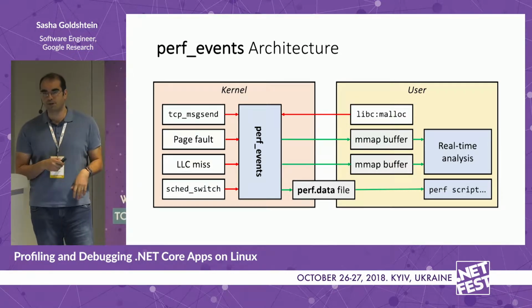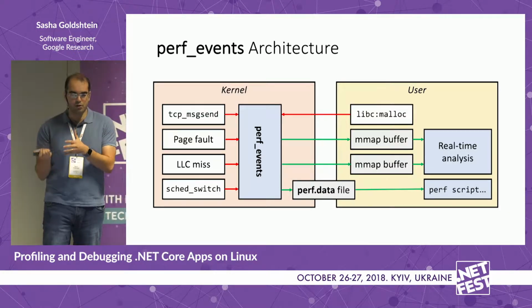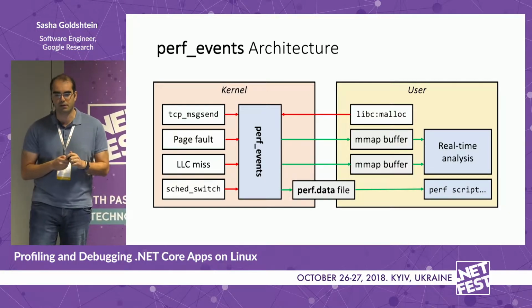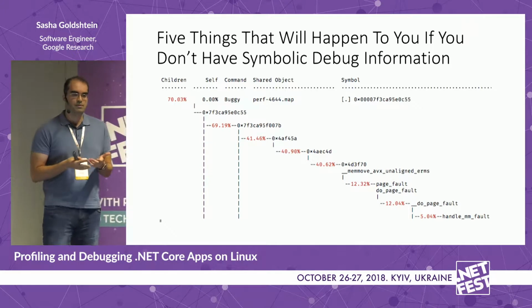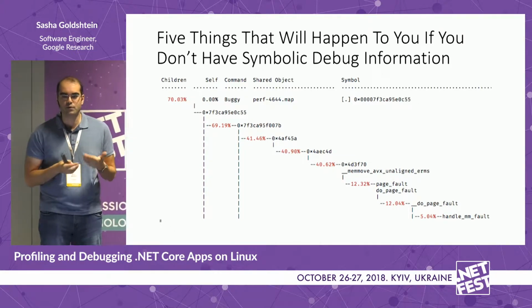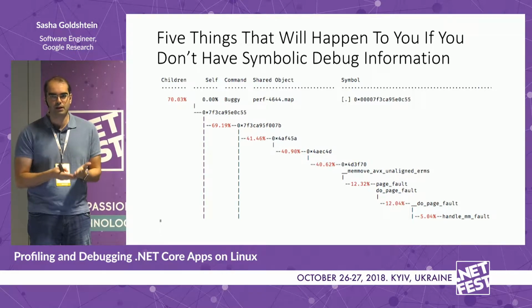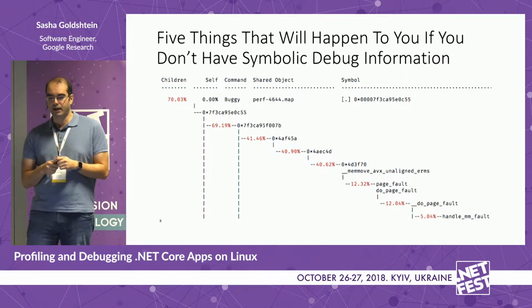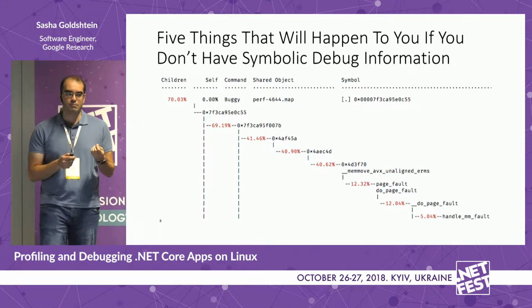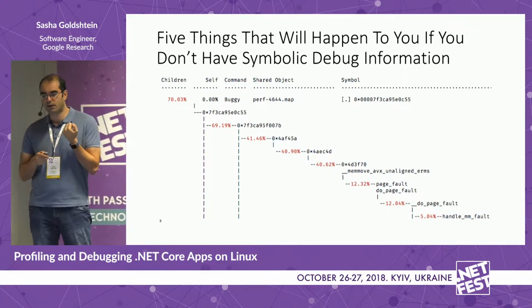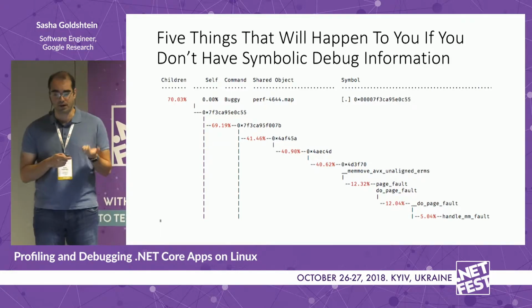Now suppose you do something with perf, and I'll show you a couple of commands coming up later. What will almost immediately happen to you if you use perf with a .NET application, or really almost every application which has a just-in-time compiler? What will happen is that instead of meaningful information, you will see lots of addresses, lots of numbers.